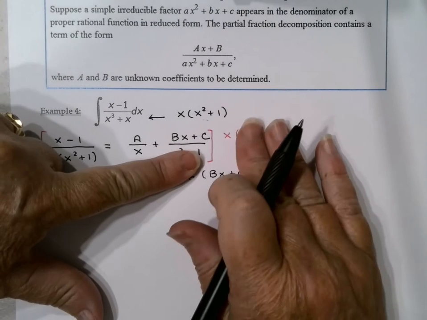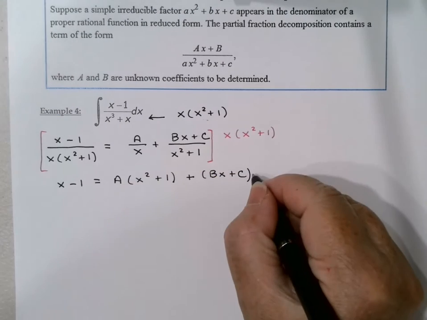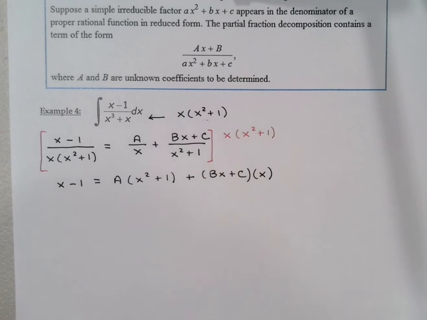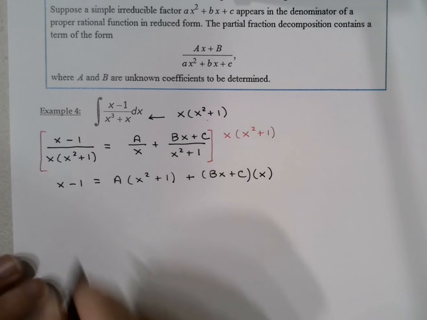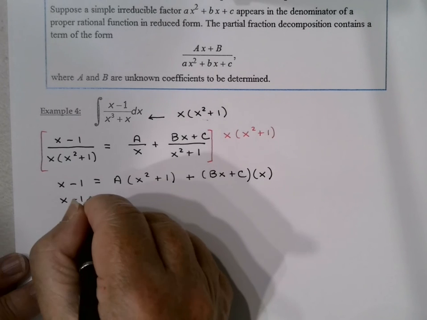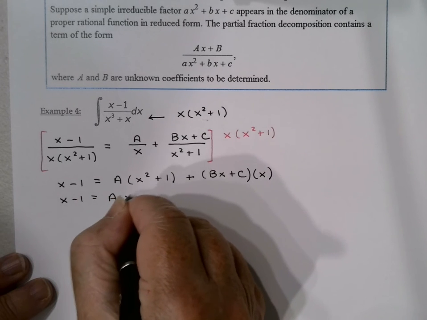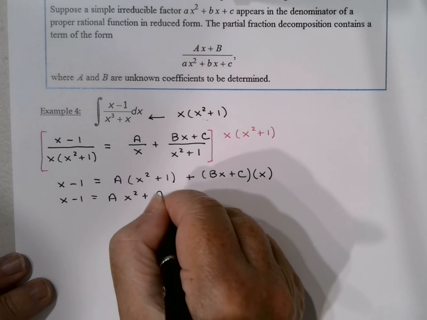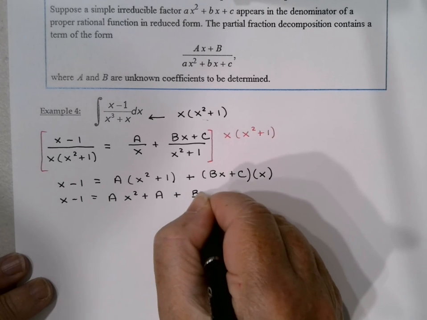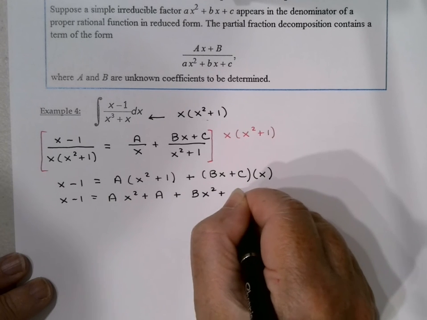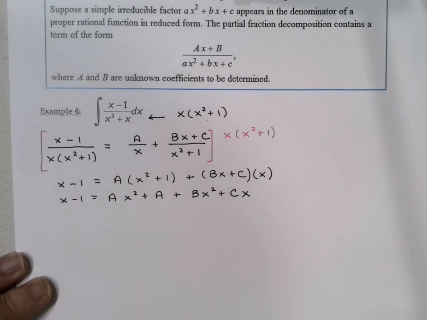The x squared plus 1's cancel, so just times x. So I have x minus 1 equals ax squared plus a plus bx squared plus cx.